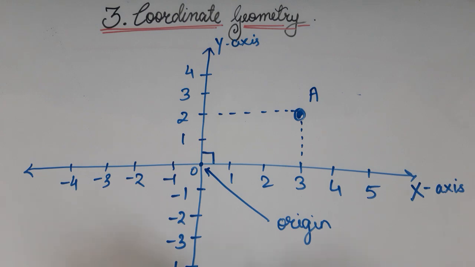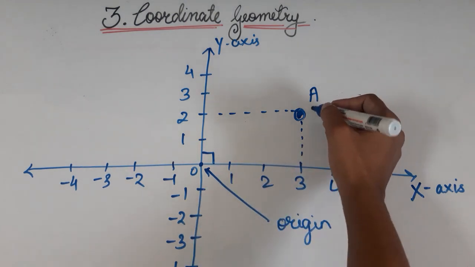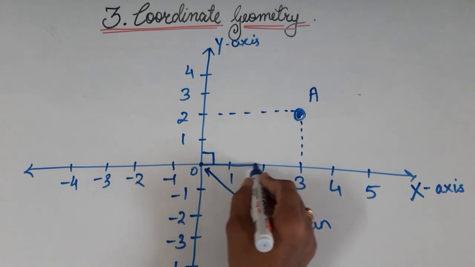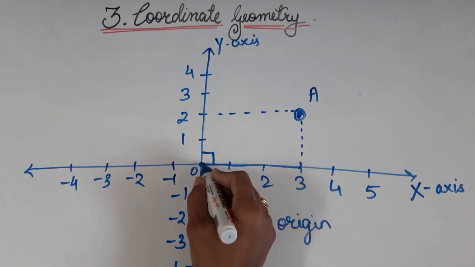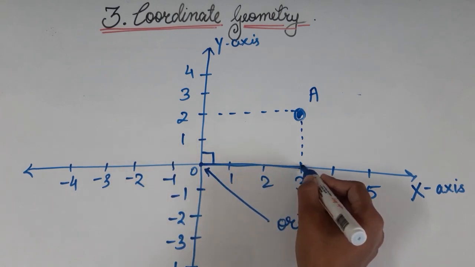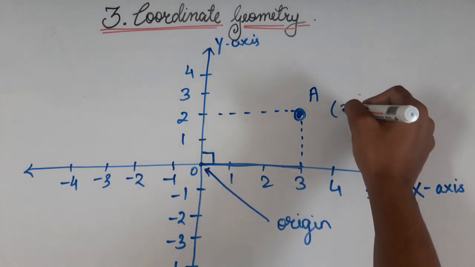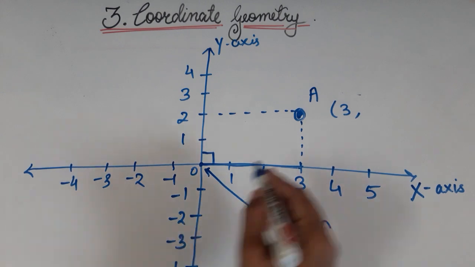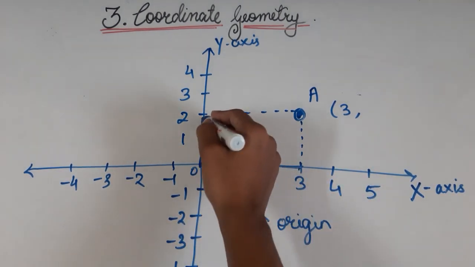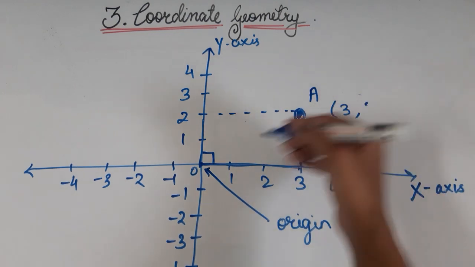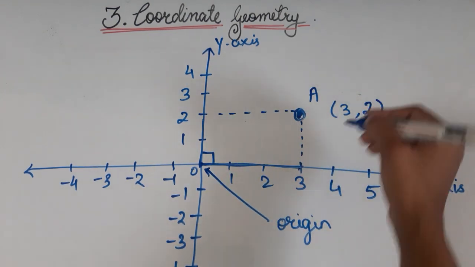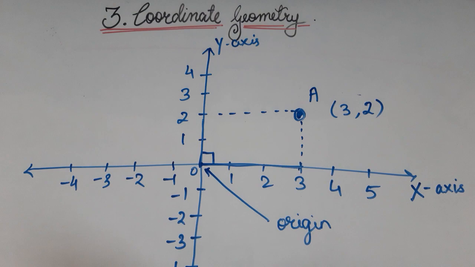So this point A is 3 units away from the y-axis, 3 units to the right side of origin, and then 2 units up. Up means positive, above the origin, so it will be positive 3 comma 2. These two numbers define the position of this point, 3 comma 2.